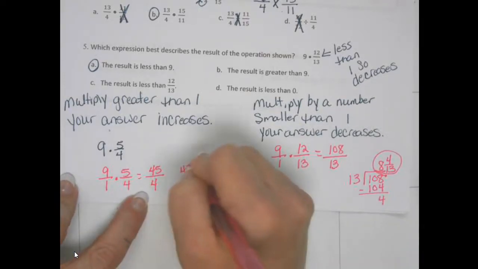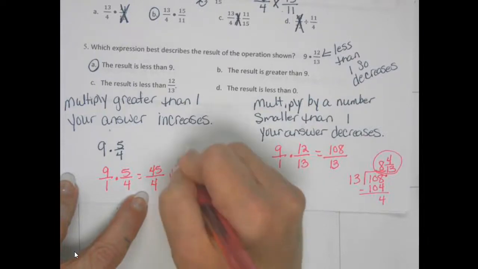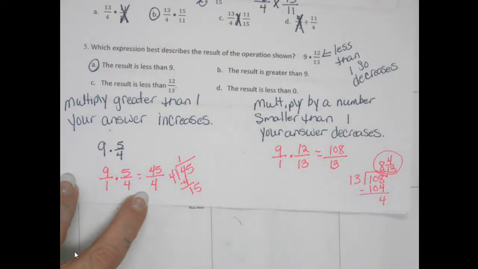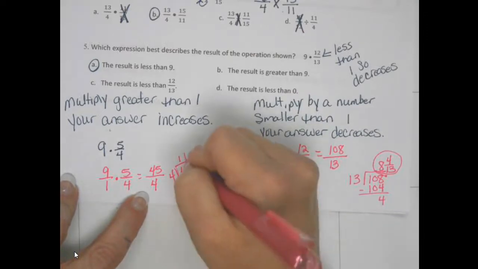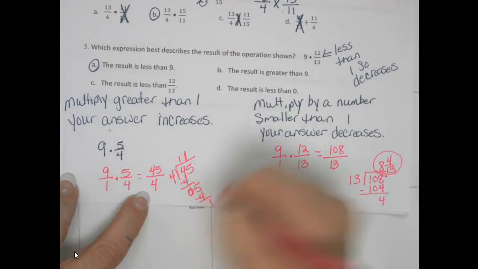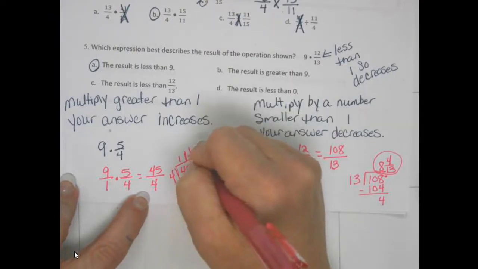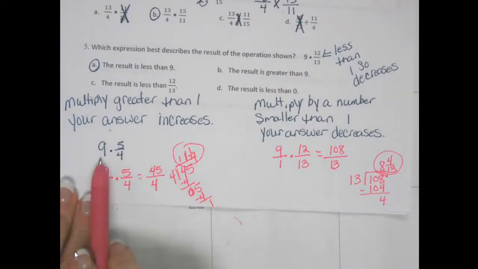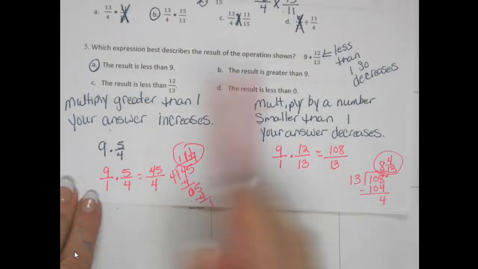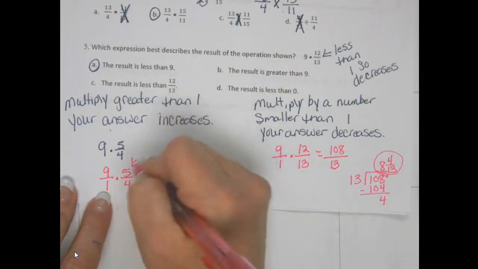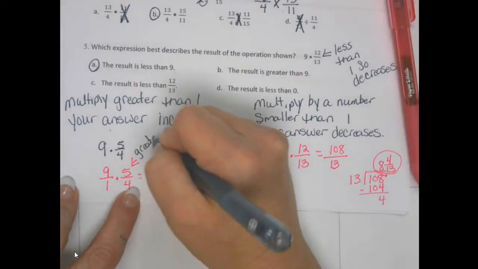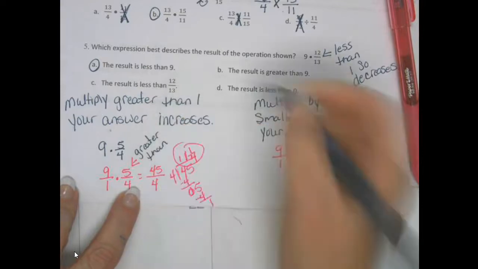When I divide 45 by 4, I get 11 1/4. 11 1/4 is bigger than 9. So when you multiply by something bigger than 1, it increases.